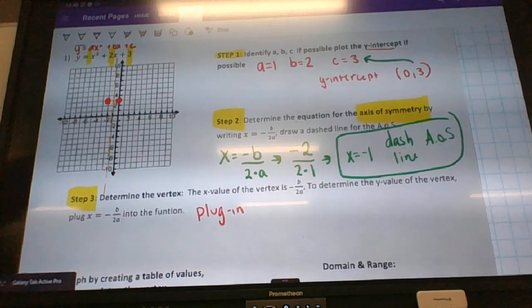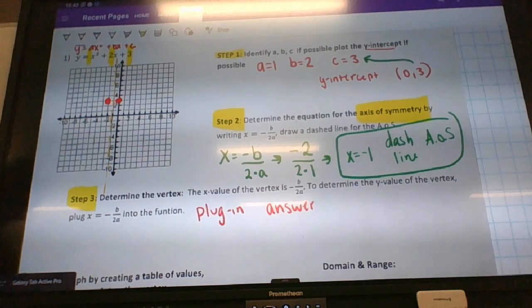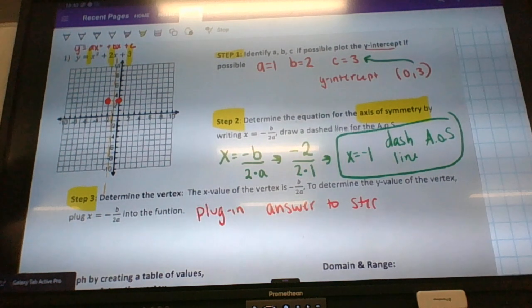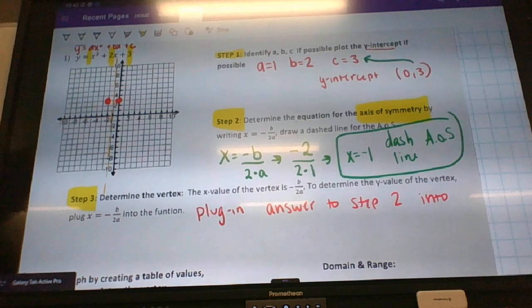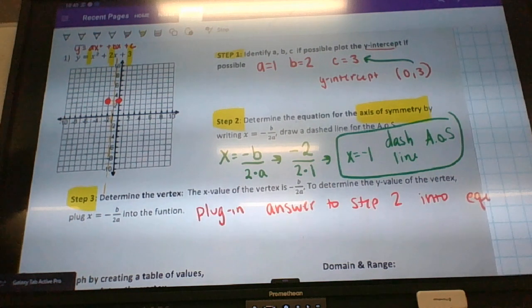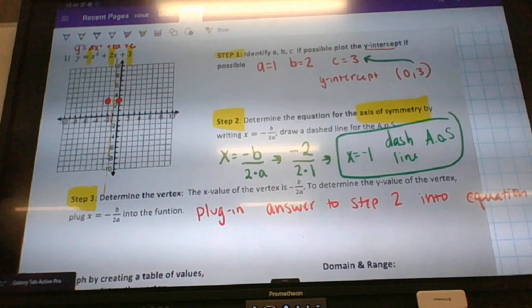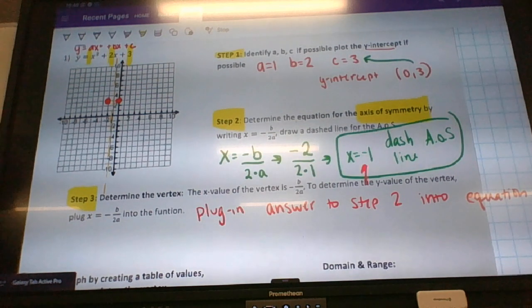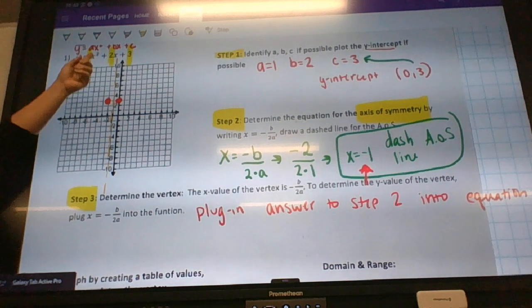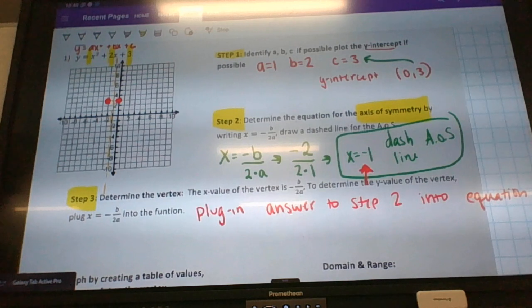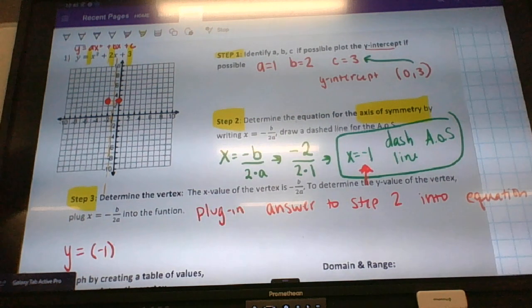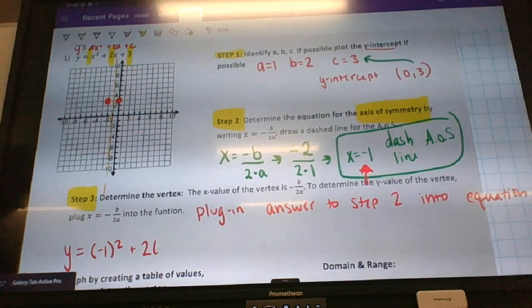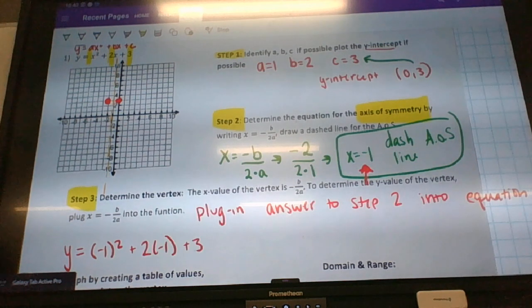So plug in the answer to step 2 into the equation. So whatever answer you got here, this time we got negative 1, we're going to put in an x here, and x here, plug it in 2 places. So it's going to be y equals negative 1 squared plus 2 times negative 1 plus 3.